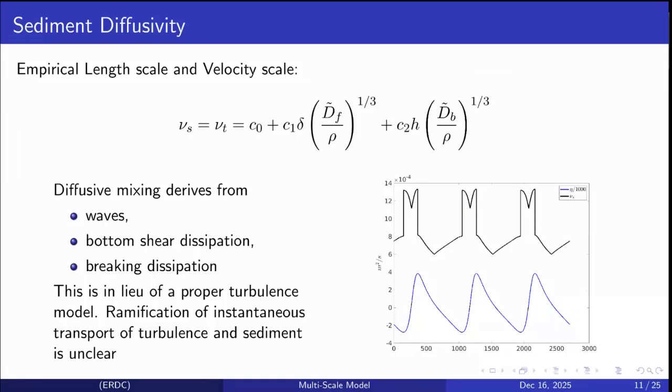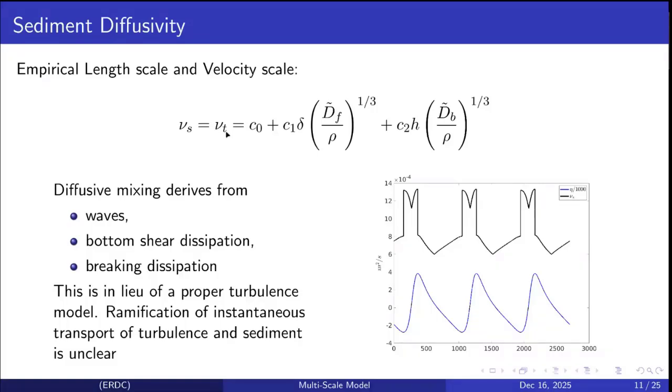Finally, the last missing piece of this puzzle is that we need sediment diffusivity, which plays a role in the way sand is being transported vertically, and we've opted for something that's similar to what Svendsen did a good while ago. We have a diffusive mixing coefficient for the sediment that's equal to the eddy diffusivity or turbulent diffusivity.